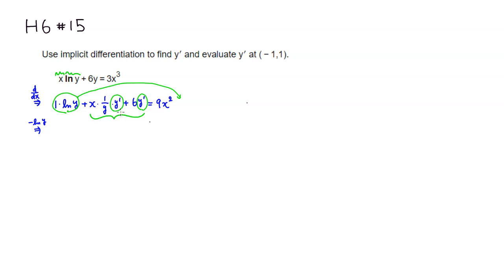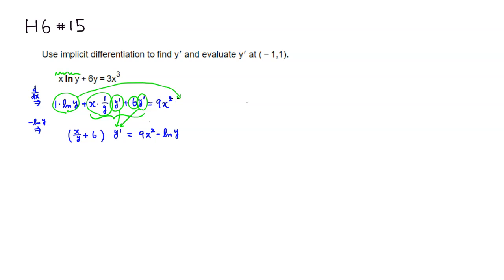What's left is x over y from the first term, plus a 6 from the second term. The right-hand side has the 9x squared that was already there, and then a negative natural log of y.